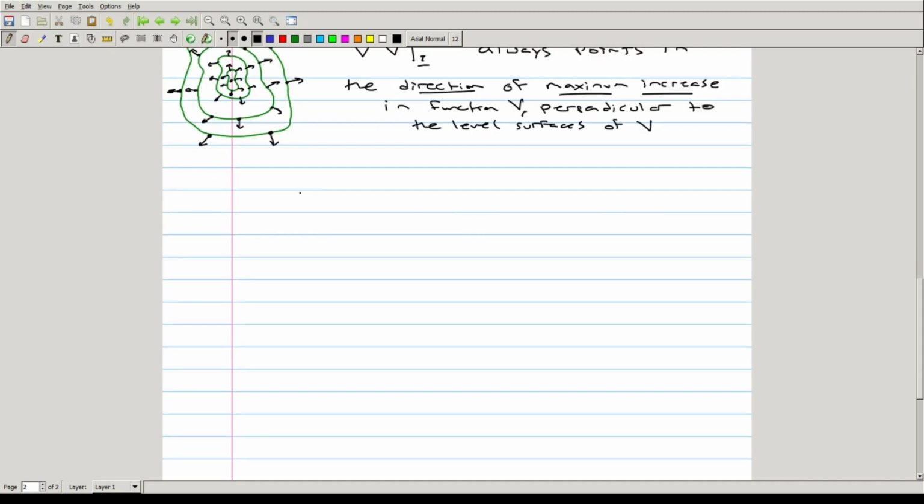Also note that the vector xi prime for a given orbit, which is g of xi, always points in the direction tangent to the orbit.